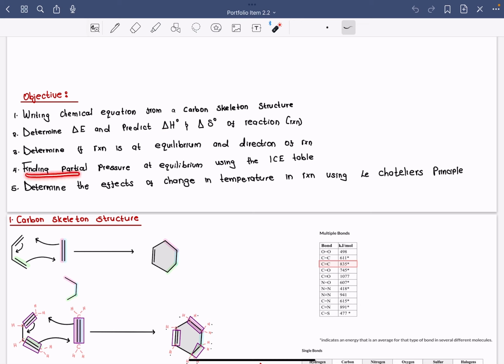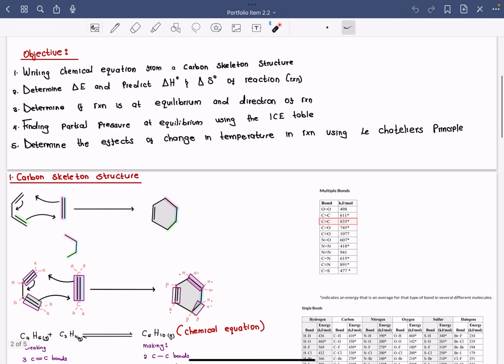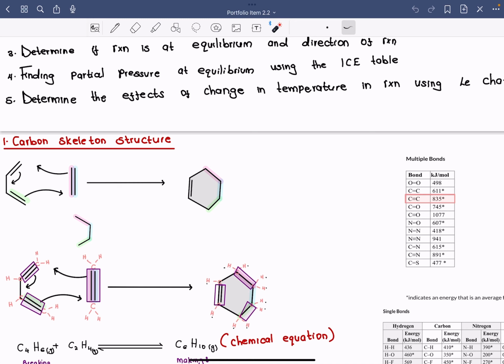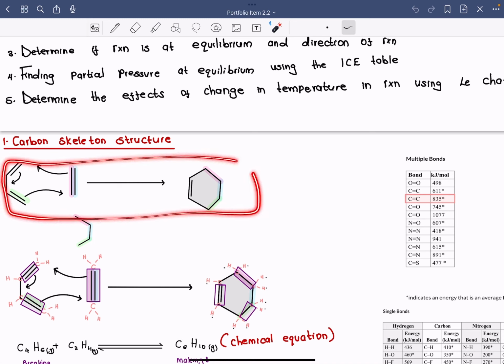And then we'll be finding the partial pressure at equilibrium using the ICE table, and then we're going to be able to determine the effects of a change in temperature on a reaction, and we're going to do this using Le Chatelier's principle. So in the question, we're given this equation.